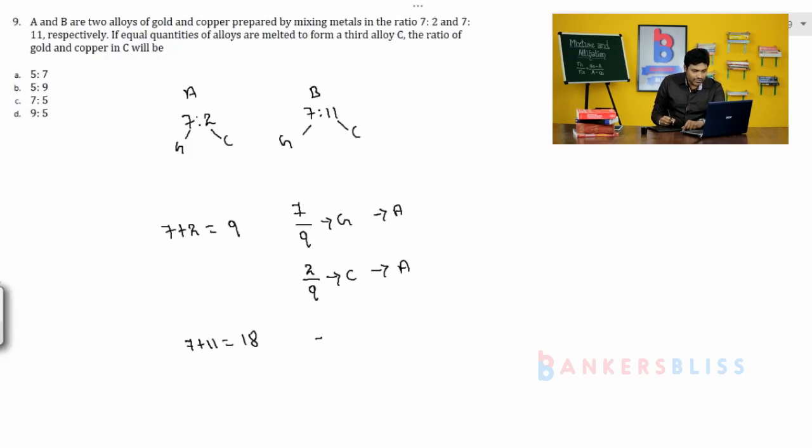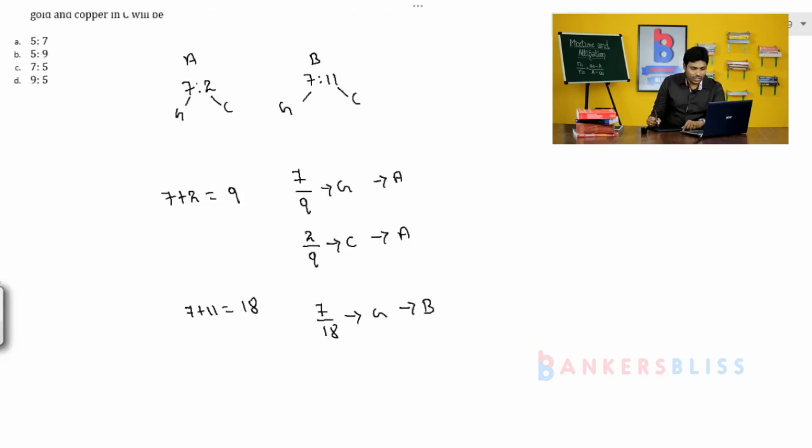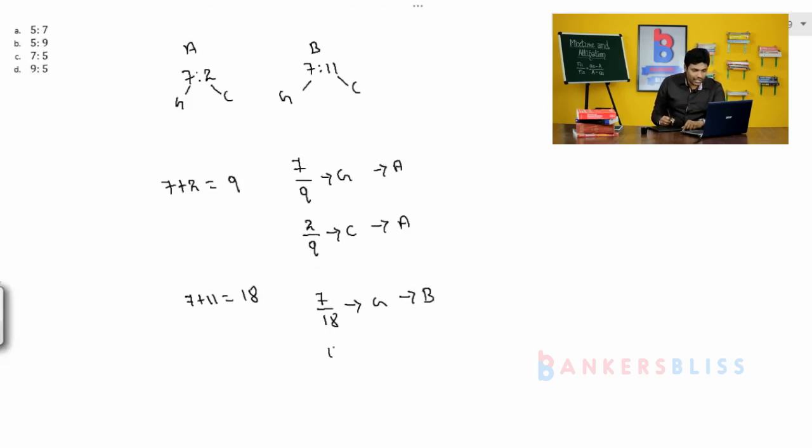Therefore 7 by 18 represents gold for B, and 11 by 18 represents copper for B.